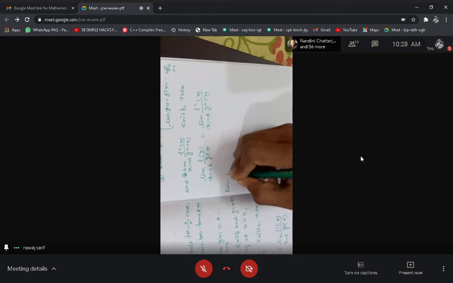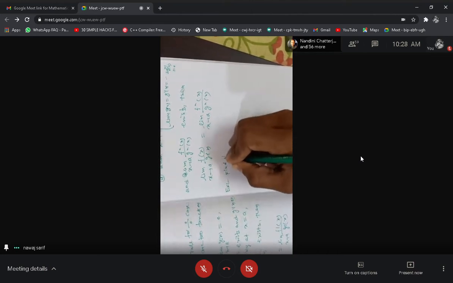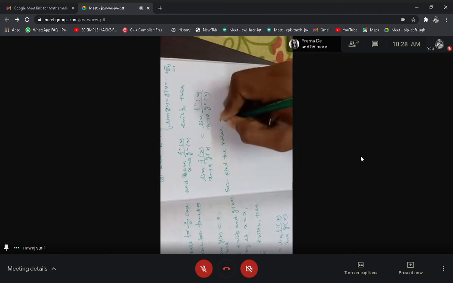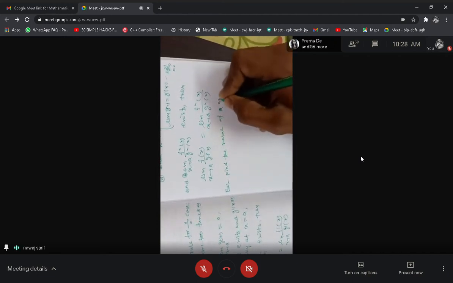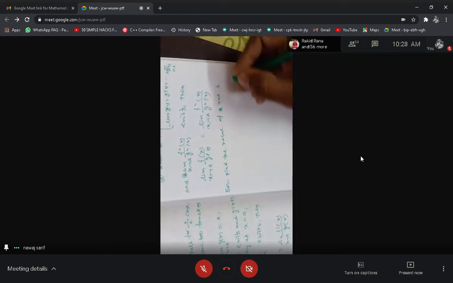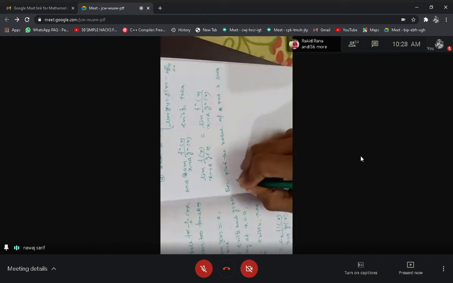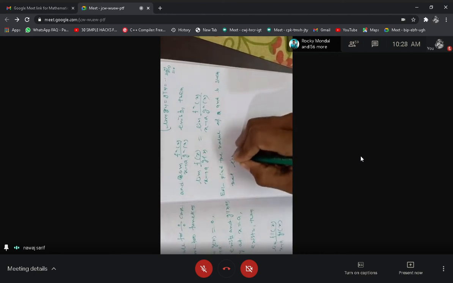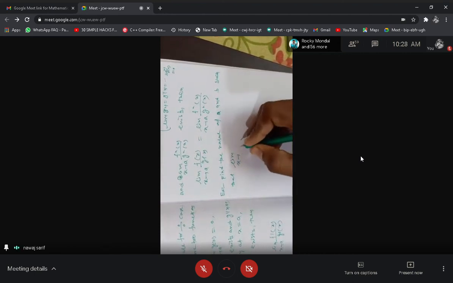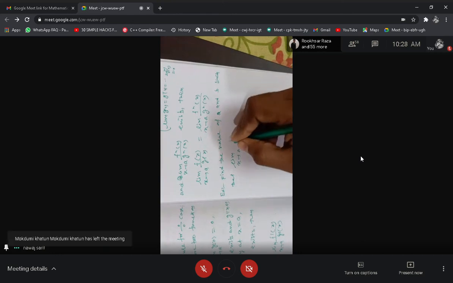Okay, find the value of a and b such that limit x tending to 0 x into 1 plus a cos x minus b sin x divided upon x cube is equals to 1.